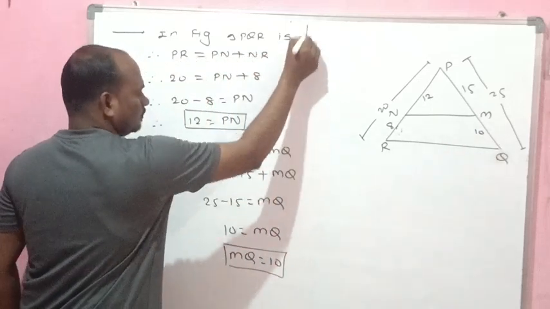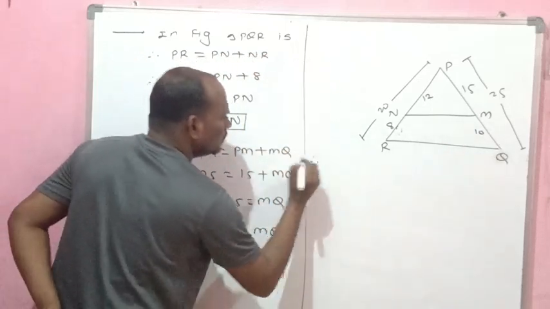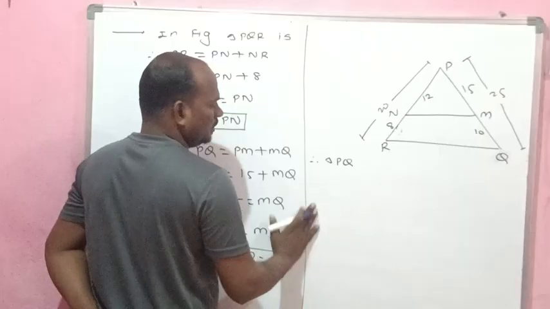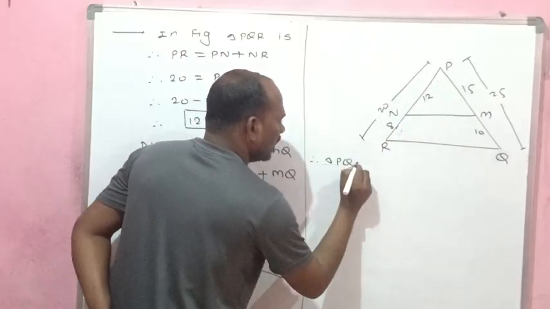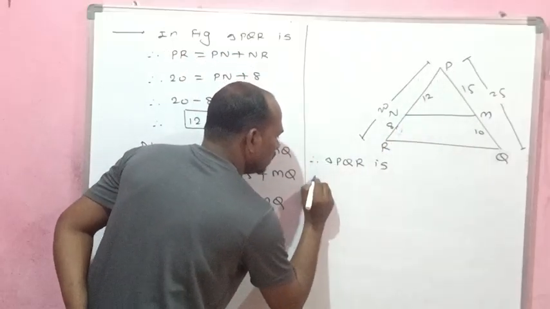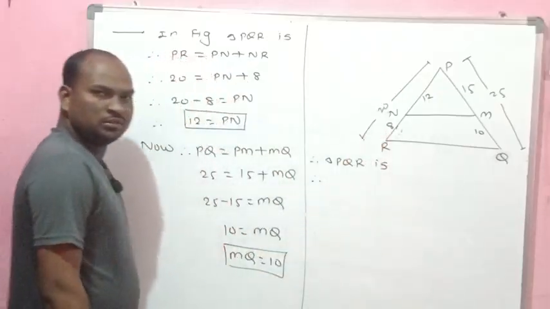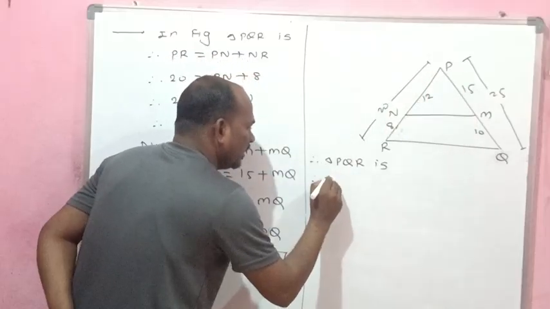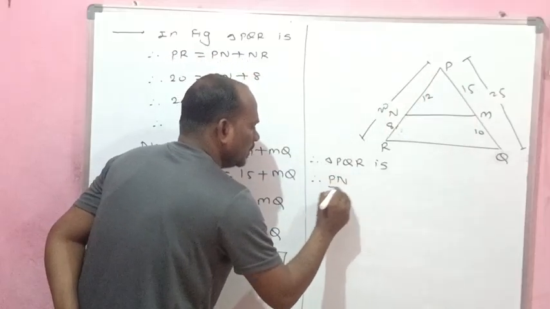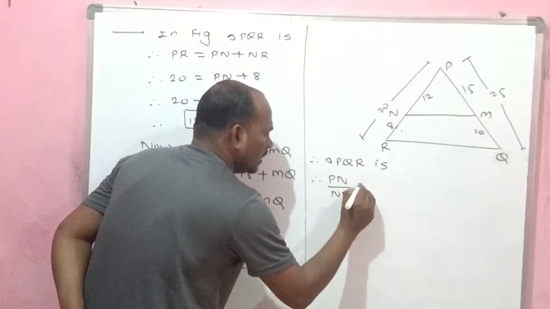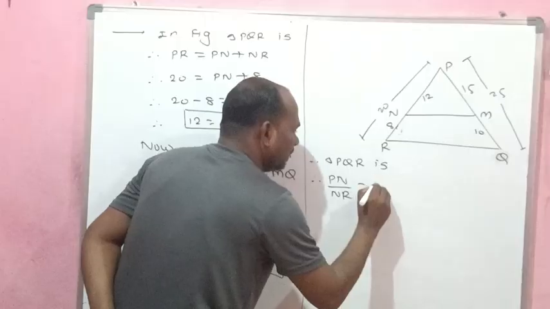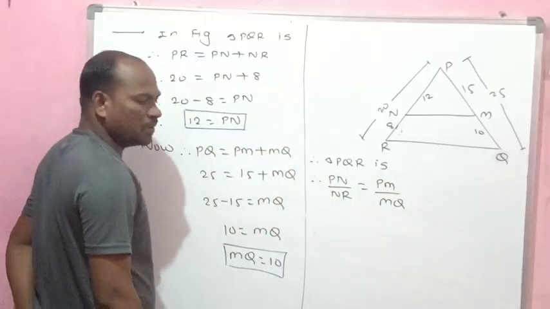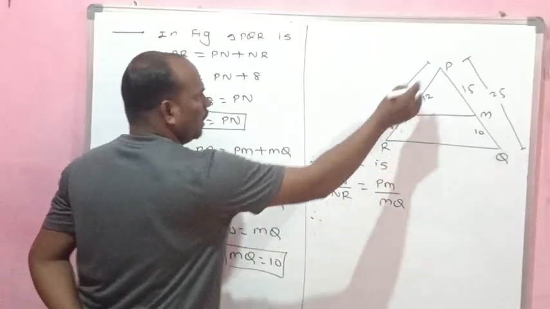Now therefore the triangle PQR is, now by using the basic proportionality theorem, PN divided by NR is equal to PM divided by MQ. That is basic proportionality theorem.